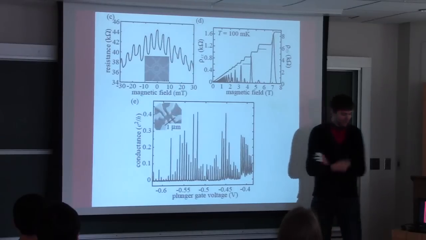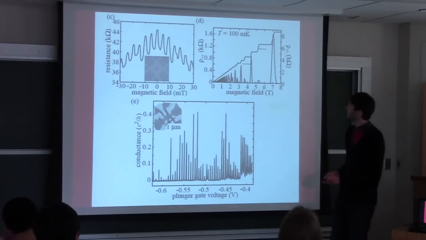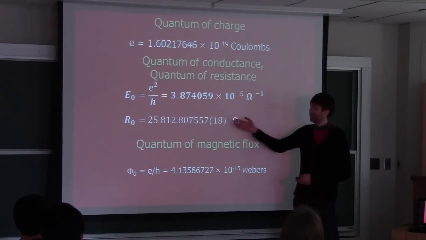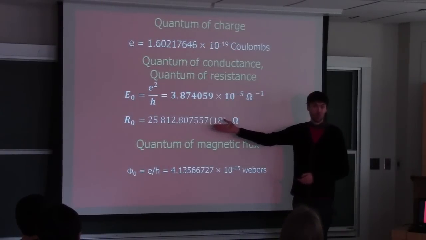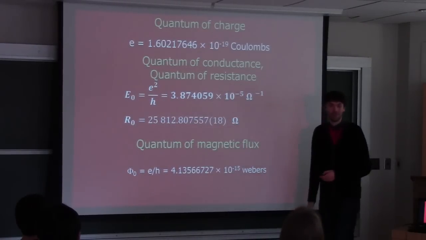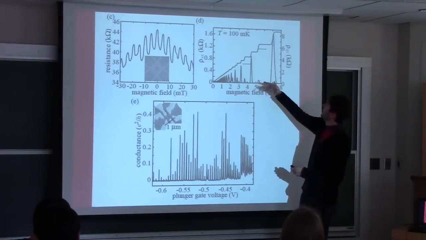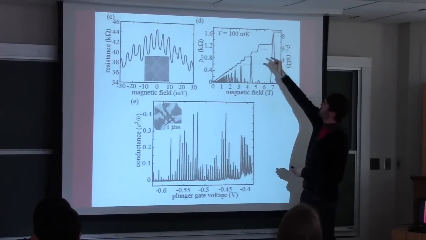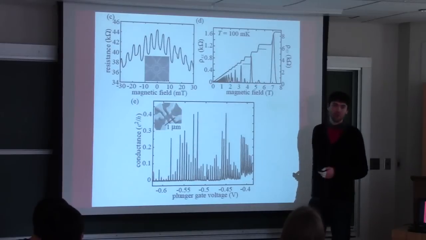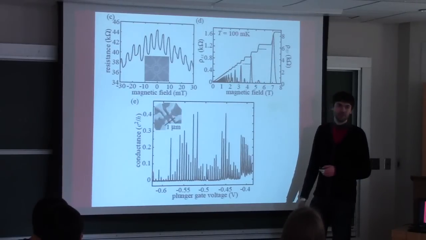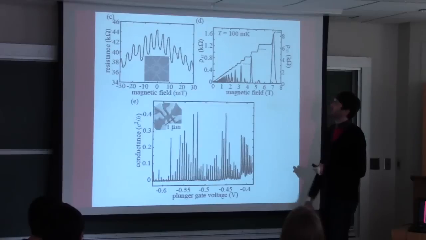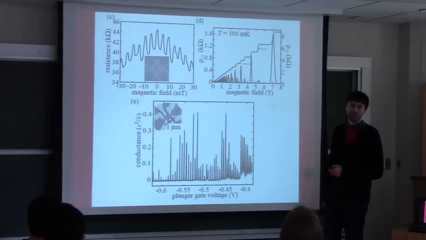It doesn't look like the resistance is quantized actually. If resistance were quantized, we should see steps of 26 kilo ohms. Here we have steps of different size, and they don't correspond to any 10 kilo ohm scale. They correspond to, well, actually just 1 kilo ohm scale.